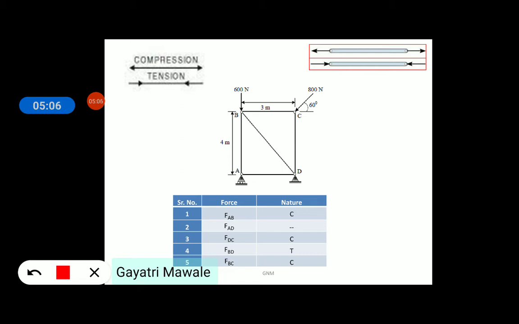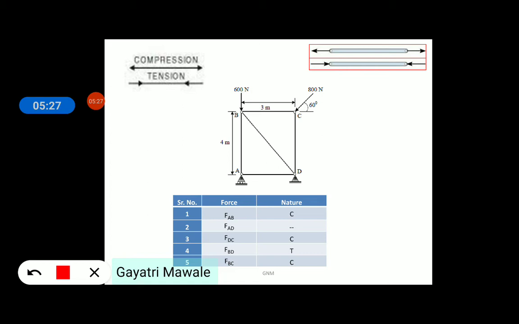And to show tensile force, we have to draw two arrowheads coming towards each other, or we can say this is a pair of arrows which are going away from the joints for that member.